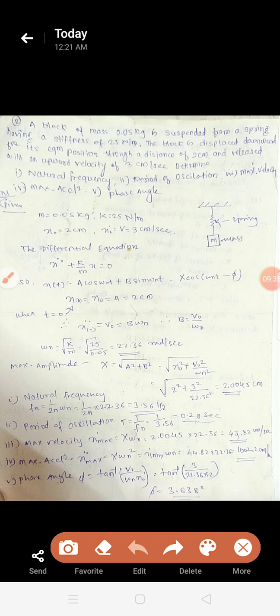From this we calculate a phase angle of 3.838 degree. This is the two problems of single degree of freedom system. Next problem will be taken soon. Thank you.